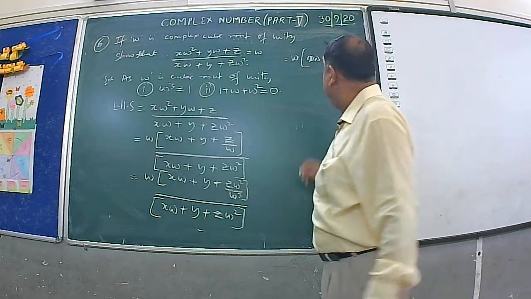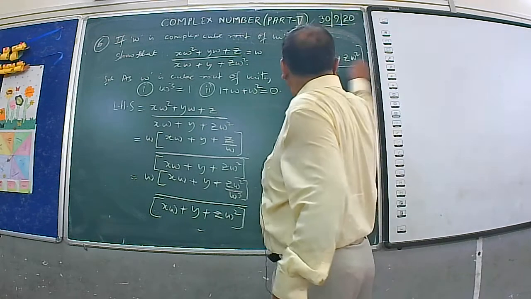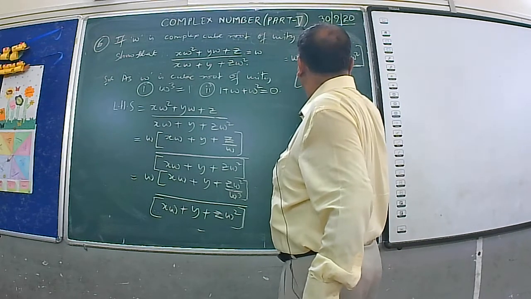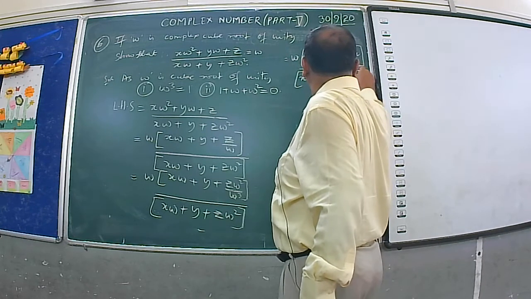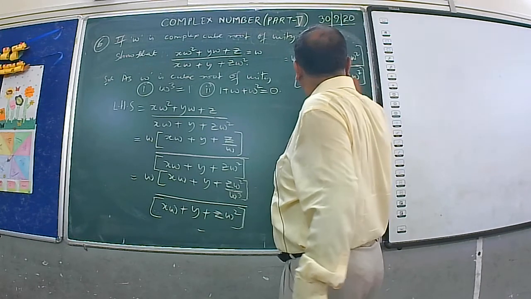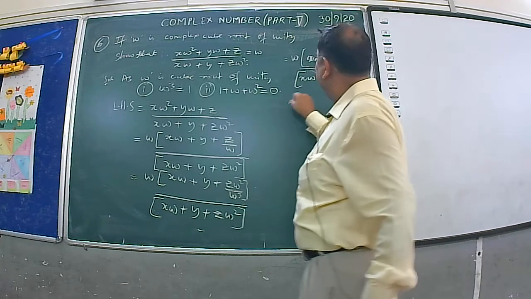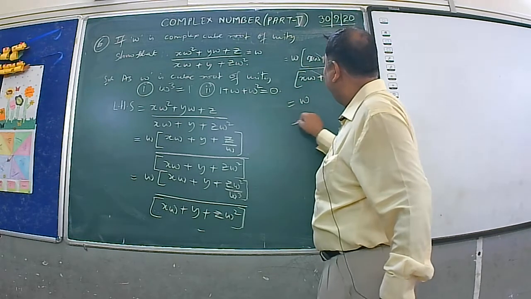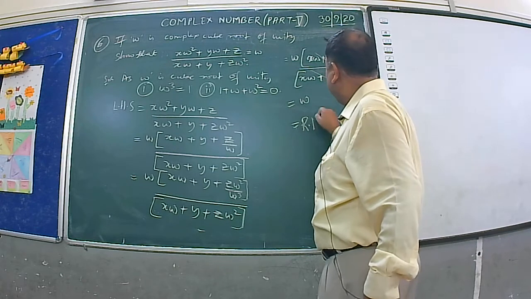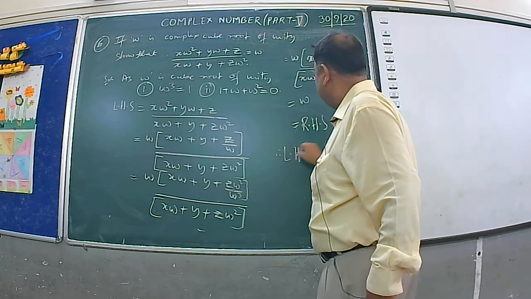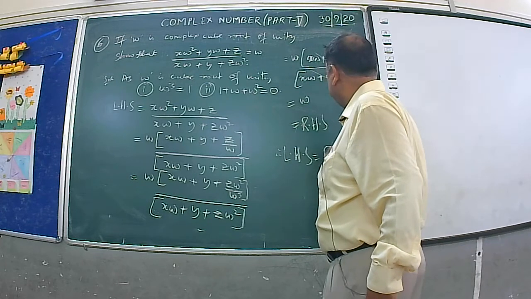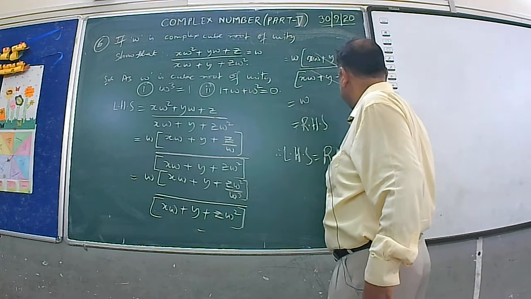After replacing, my denominator is x omega plus y plus z omega square, and I cancel out these two. Left over is omega, which is nothing but my RHS. Therefore, LHS is equal to RHS.